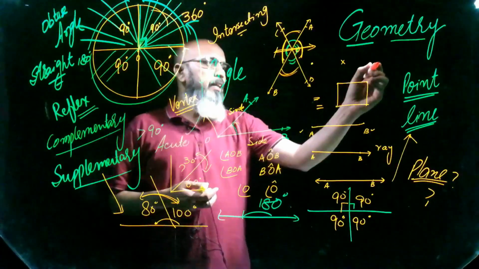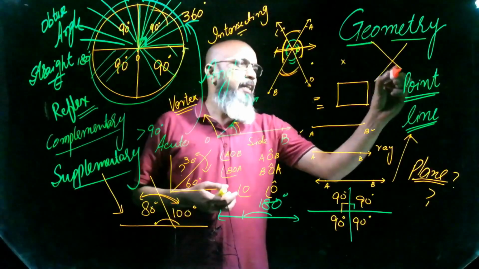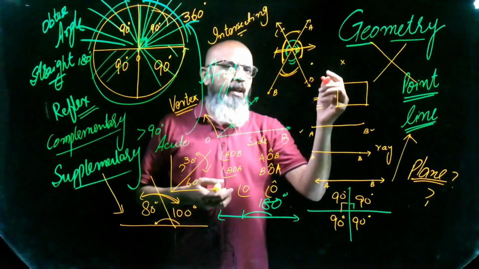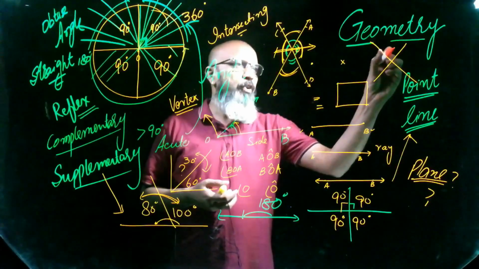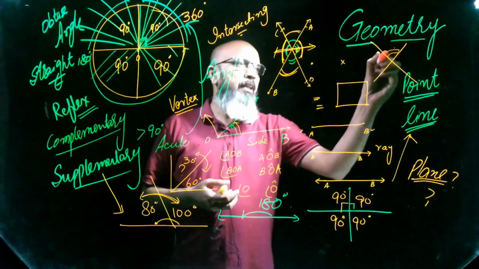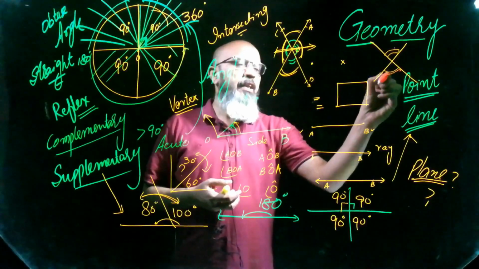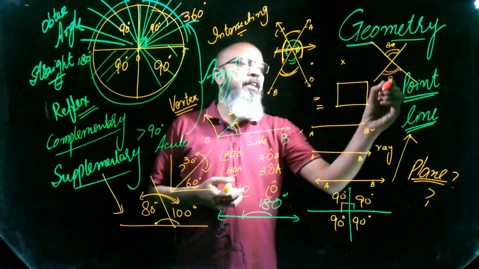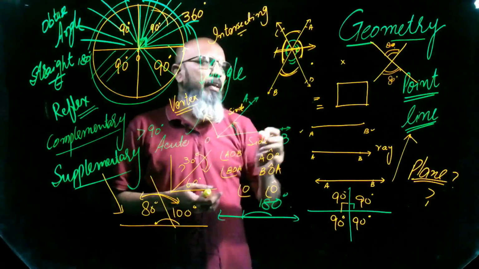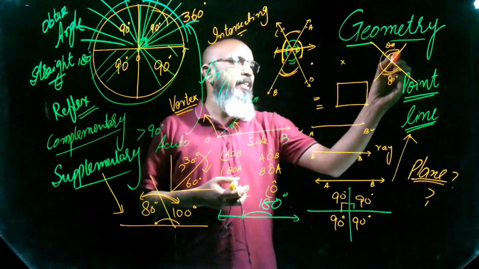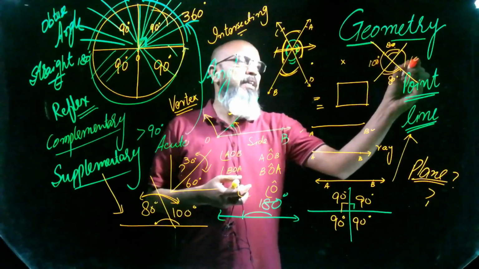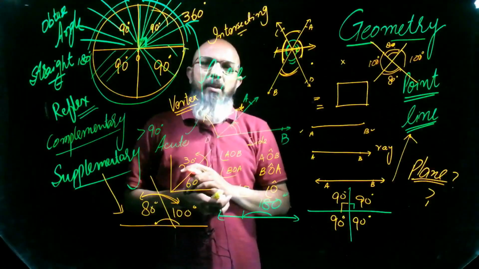If I draw another pair of intersecting lines, the two lines make 4 angles and opposite angles are equal. If this angle is 80 degrees, then the opposite angle is also 80 degrees. Similarly, if this angle is 100 degrees, then its opposite angle is also 100 degrees.